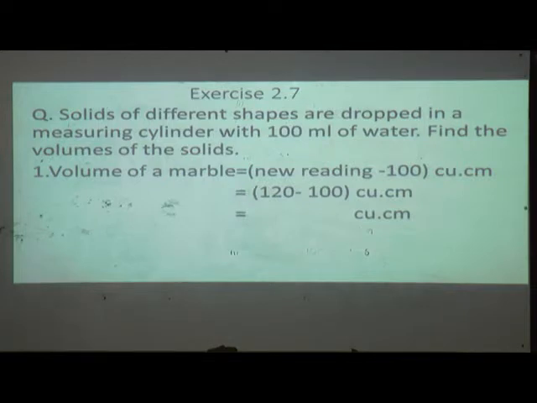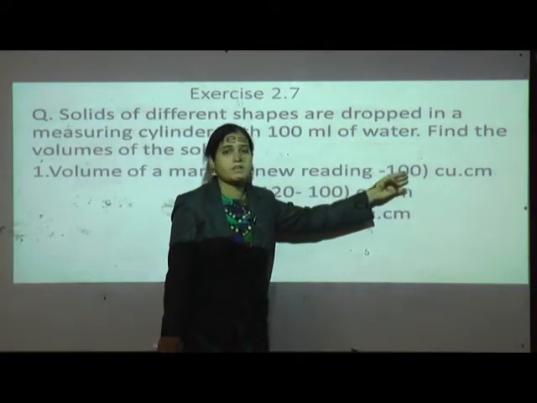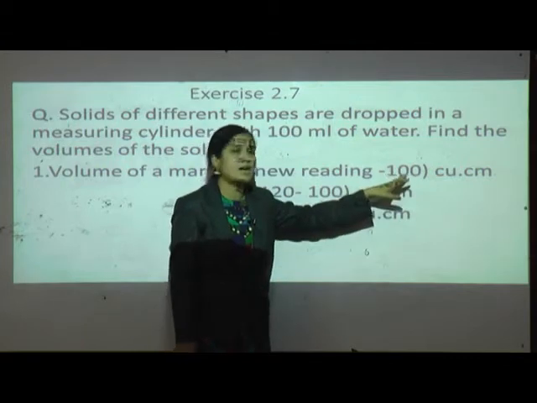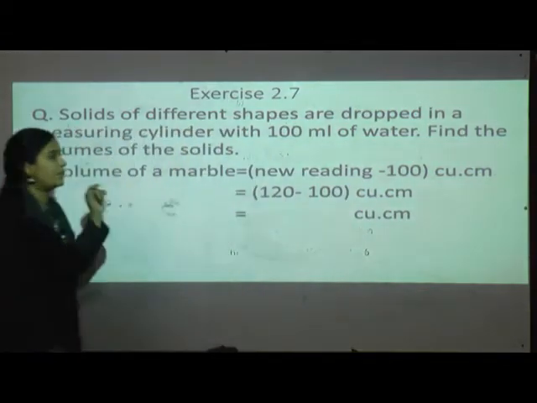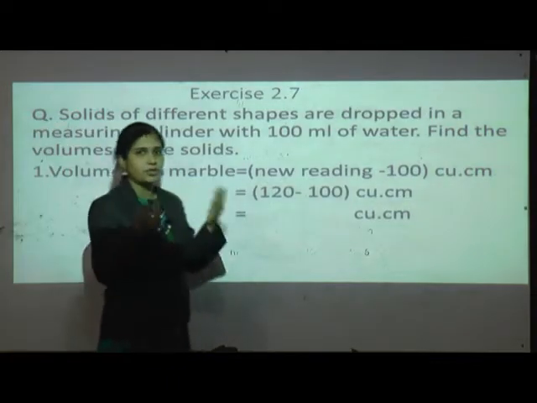Here there is a marble in that measuring cylinder. The first reading of that measuring cylinder is 100. When you put the marble in, you will get the new reading.